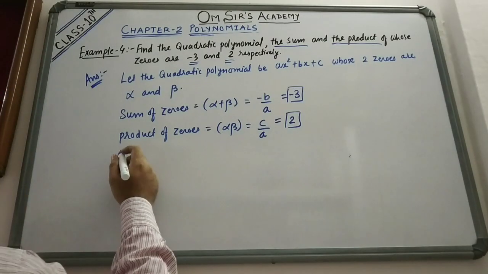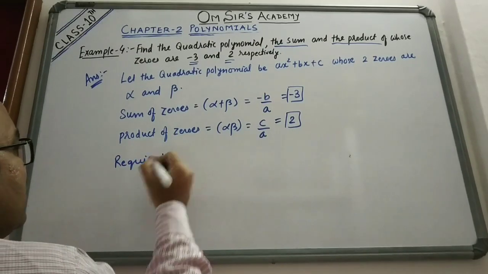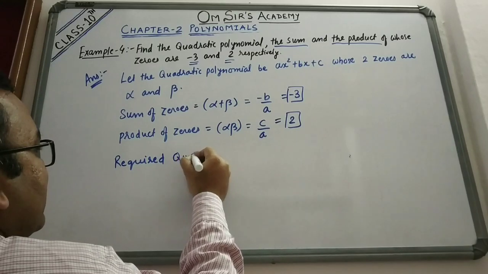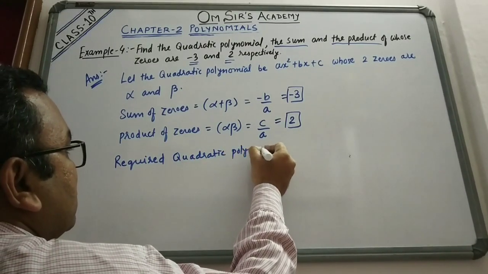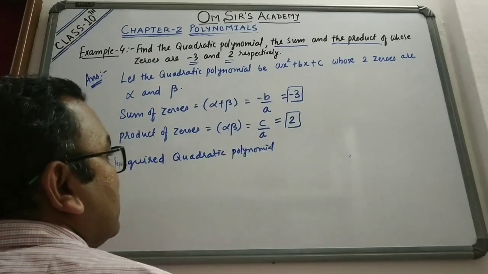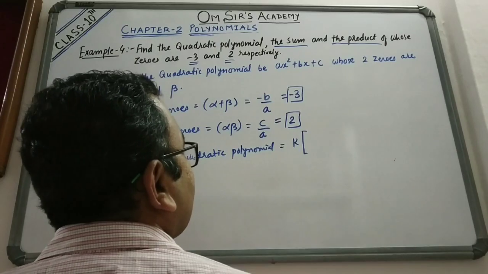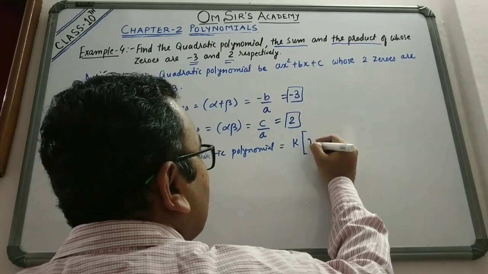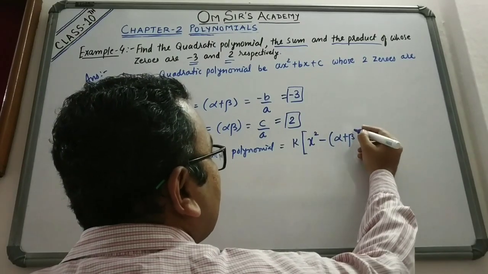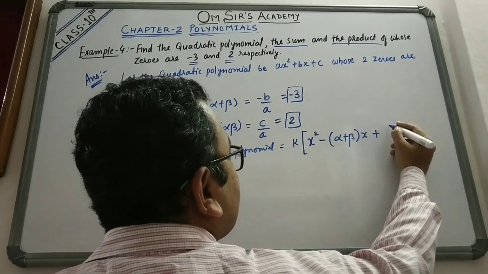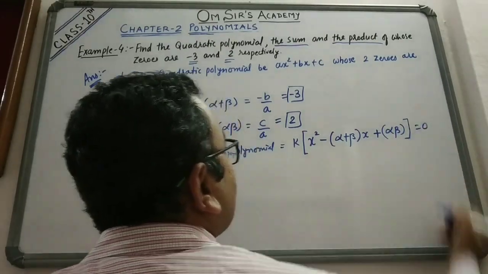Is it clear? So friends, remember the formula. What is the formula to find the quadratic polynomial? Required quadratic polynomial इज इक्वल टू किस फॉर्म में होगा, k इंटू ब्रैकेट x स्क्वायर माइनस सम ऑफ जीरोस दैट इज अल्फा प्लस बीटा इंटू x प्लस प्रोडक्ट ऑफ जीरोस दैट इज अल्फा इंटू बीटा दैट इज इक्वल टू 0.